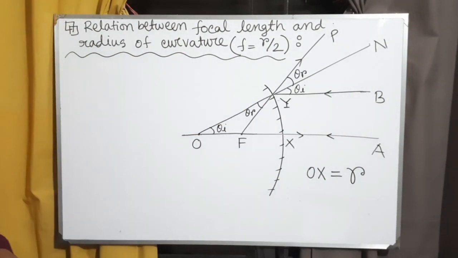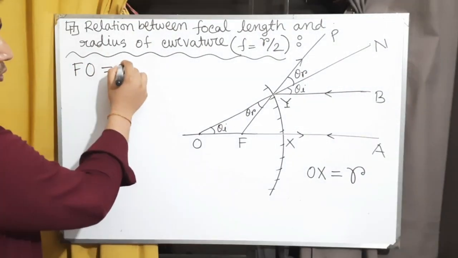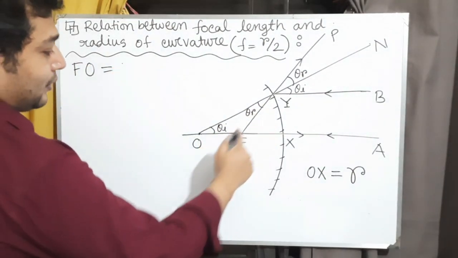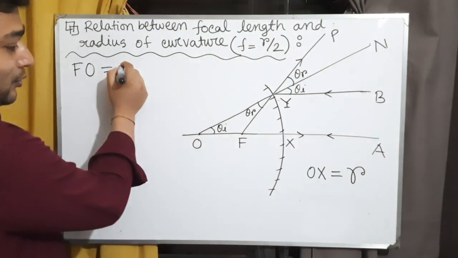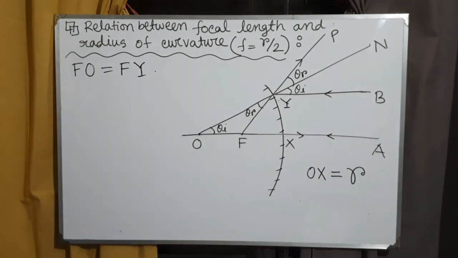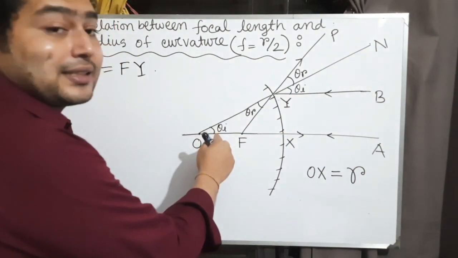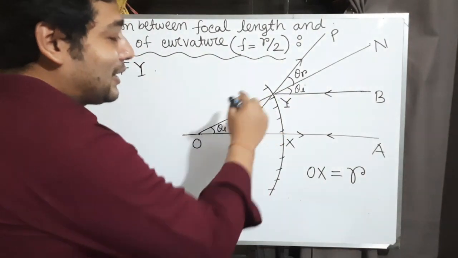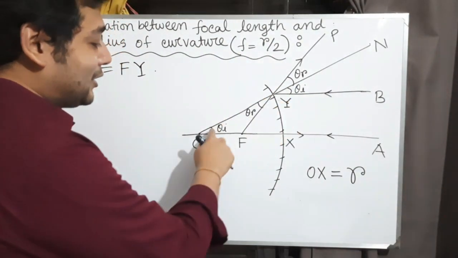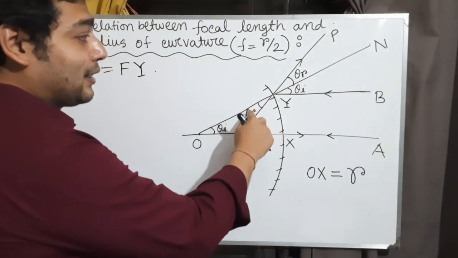Here FO equal to FY, because this angle and this angle are equal, and this angle and this angle are equal.